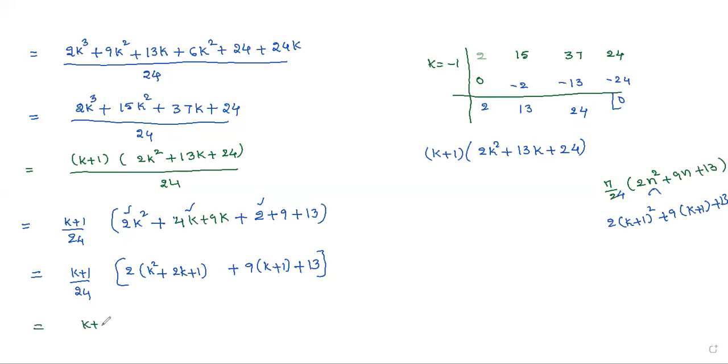So k plus 1 by 24 into 2 into k plus 1 whole square plus 9 into k plus 1 plus 13. So comparing n by 24 into 2n square plus 9n plus 13.